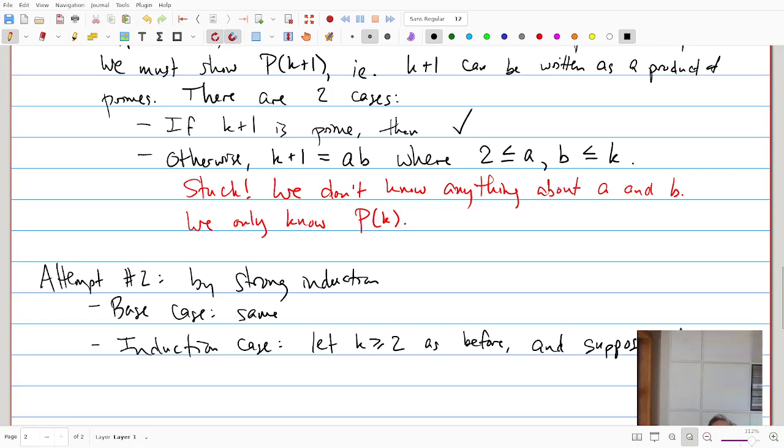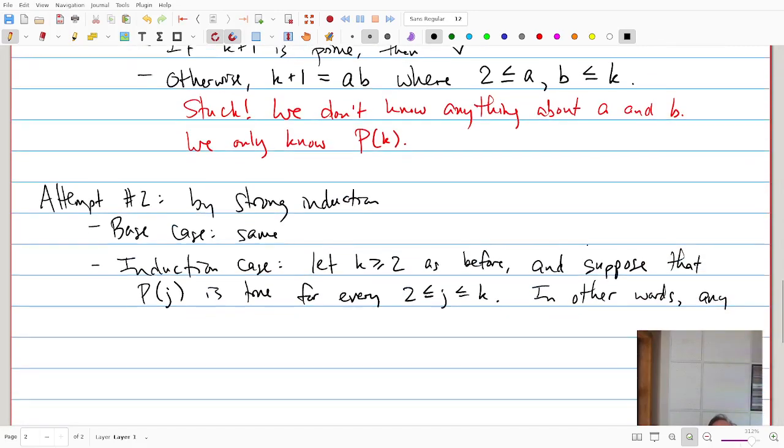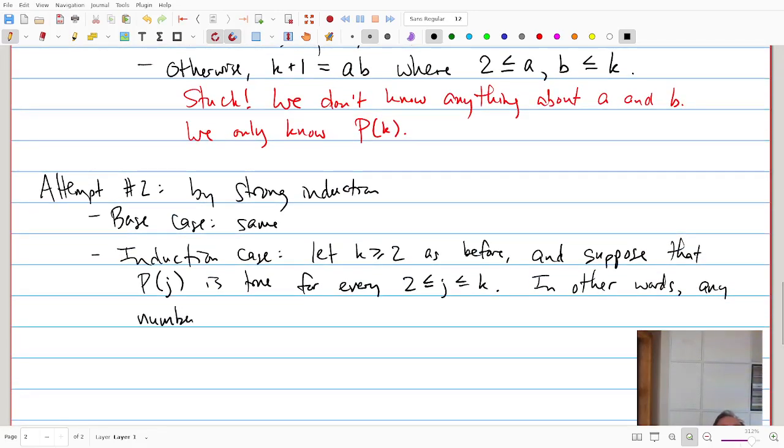I'll suppose that Pj is true for every j from 2 up to k. In other words, any number less than or equal to k can be written as a product of primes.